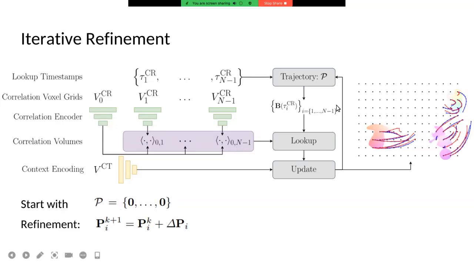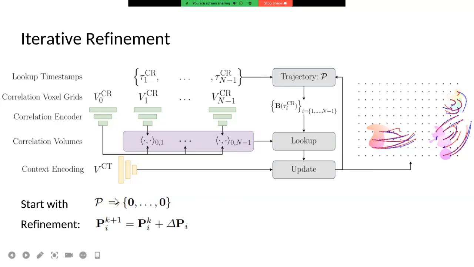And then what we do is we look up, given the Bezier curves that we have, so basically given the continuous motion of the pixels in space, we go to the different timestamps of these correlation volumes that we compute and extract locally the features from these correlation volumes. So this is similar to what is done in RAFT, but we basically generalize it to multiple correlation volumes in time.